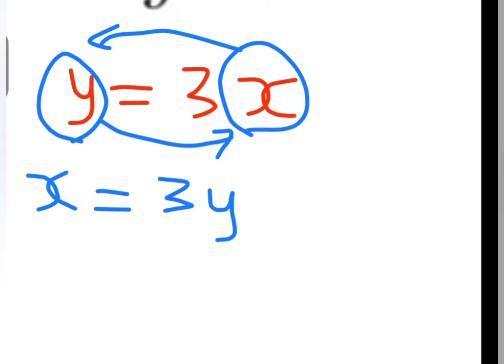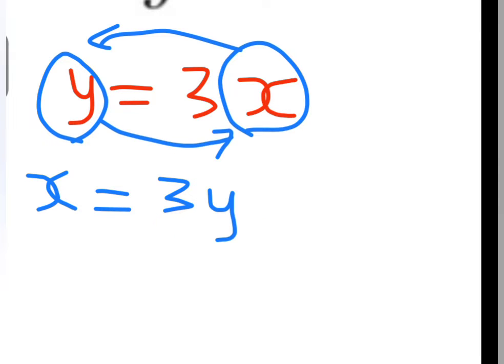Changing the places of the x and the y, or replacing the x with the y and the y with the x. Now, after finishing the first step, now the idea of finding the inverse function is putting y alone and getting rid of any number next to it. Now here we have 3 multiplied by y.